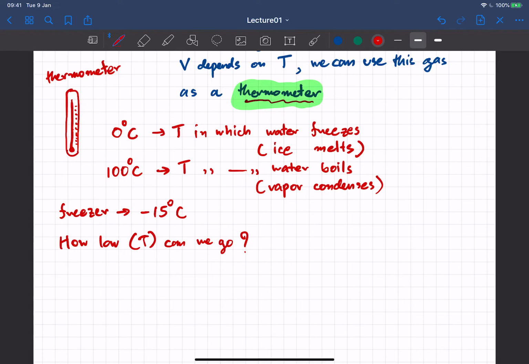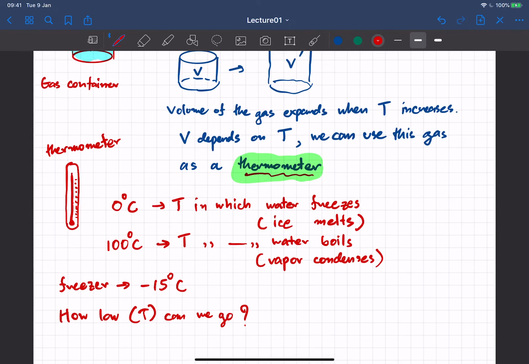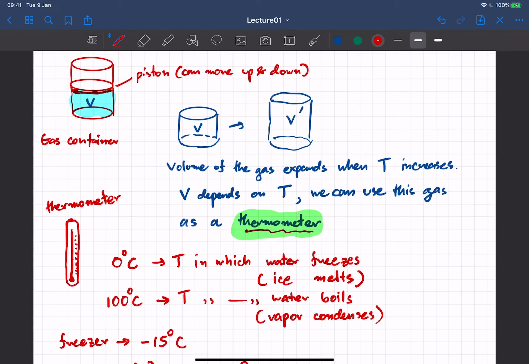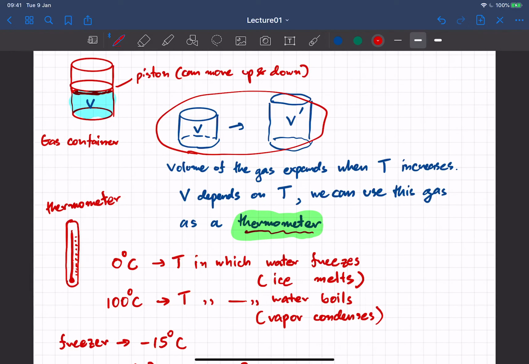In order to do this, it's better to go back to our primitive thermometer here. Remember that we use the volume of the gas as a thermometer, right? So the larger the gas is, the higher the temperature.